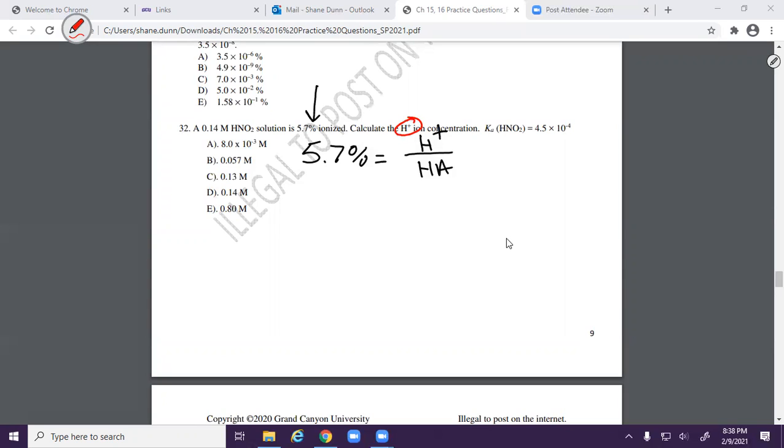So do I have H concentration? So I'll put an X value in for that guy, right? Cool. Am I given my amount of weak acid? Right? I'll plug that in. 0.14 over X. That is equal to a percent ionization score of 5.7.